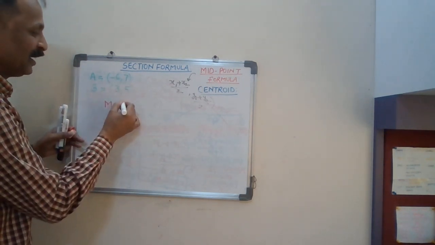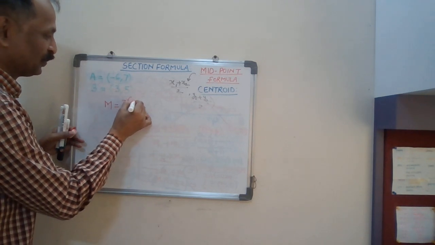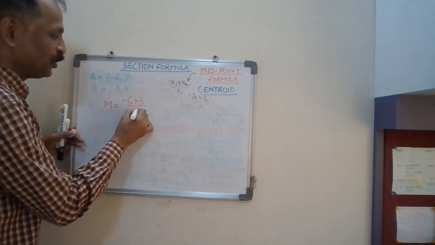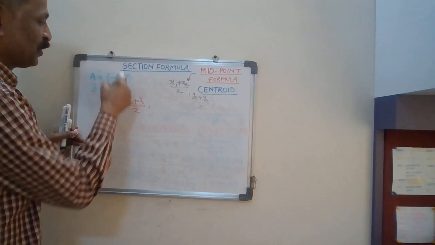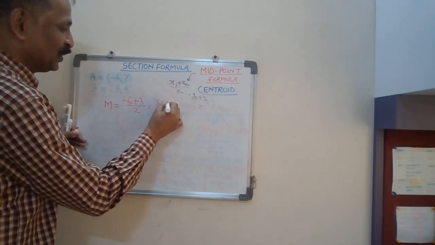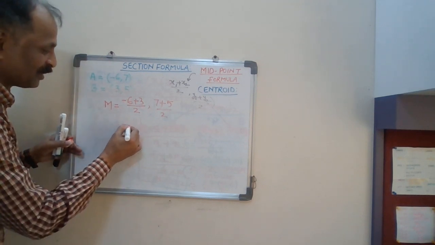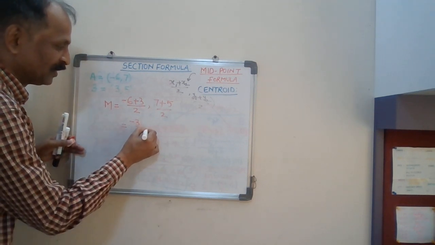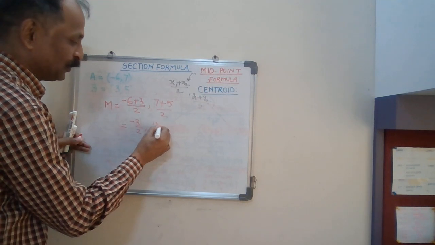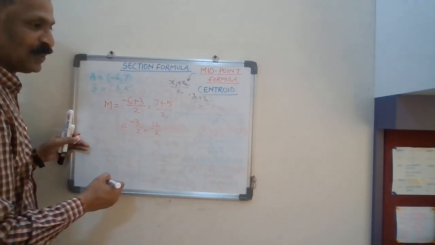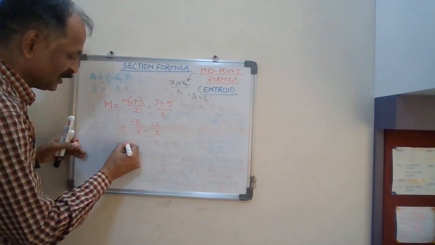So midpoint will be x1 plus x2. You can write the formula using midpoint, comma y1 plus y2. Okay, and then you can get your answer. Minus 3 upon 2, comma 12 upon 2.